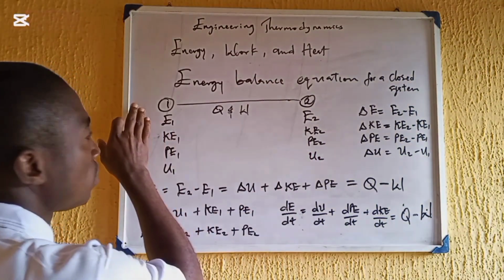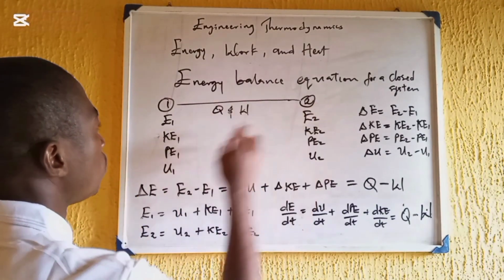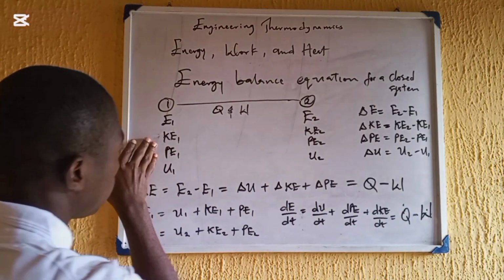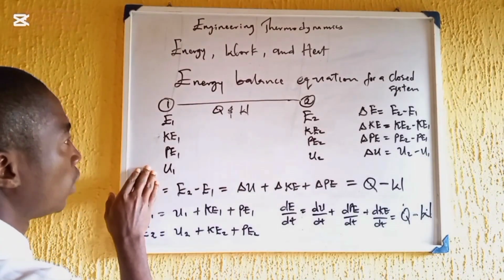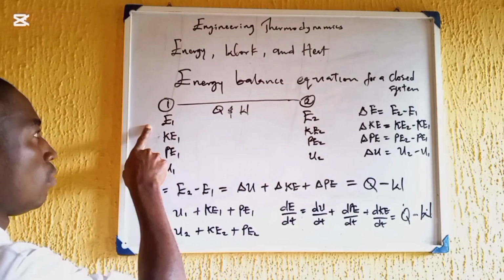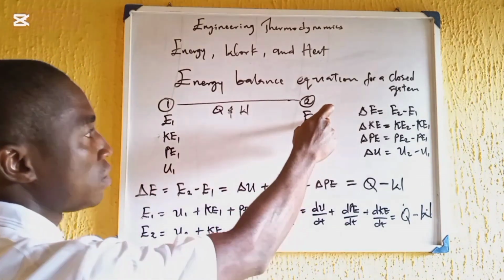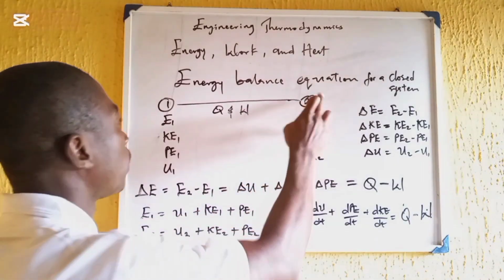Here we have a system that moved from state 1 to state 2. So E1, KE1, PE1, U1. E1 is the total energy in the system at state 1. E2, the total energy in the system at state 2.